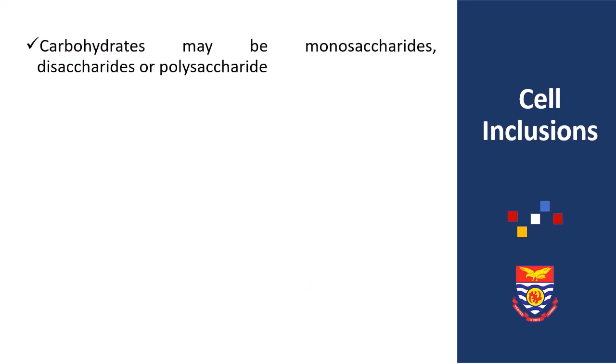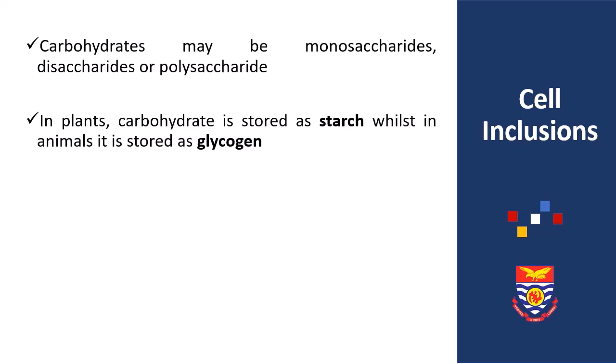So the carbohydrates may be monosaccharide, disaccharide, or polysaccharide. An example of the monosaccharide is glucose and fructose, whereas examples of disaccharide are maltose and sucrose. And in plants, carbohydrate is stored as starch, whereas in animal cells, it is stored as glycogen.